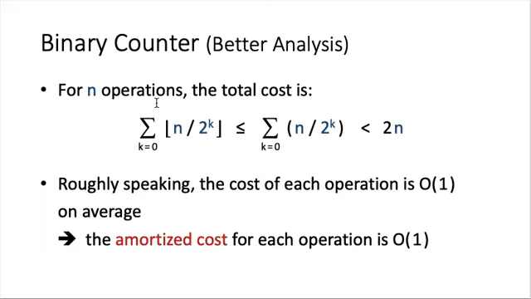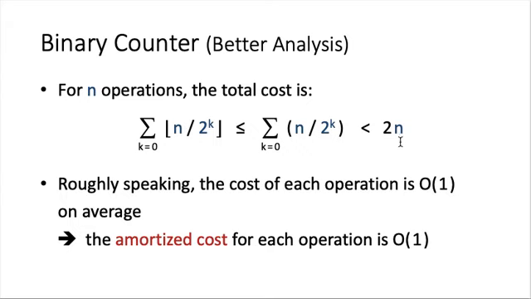In that case, for n operations, the total cost is the sum of the number of times each bit Bk is flipped. We sum up for k equal to 0 up to, let's say, log of n. The bit Bk is flipped n over 2 to the power k times. If we sum all this up, it will be less than 2 times n.